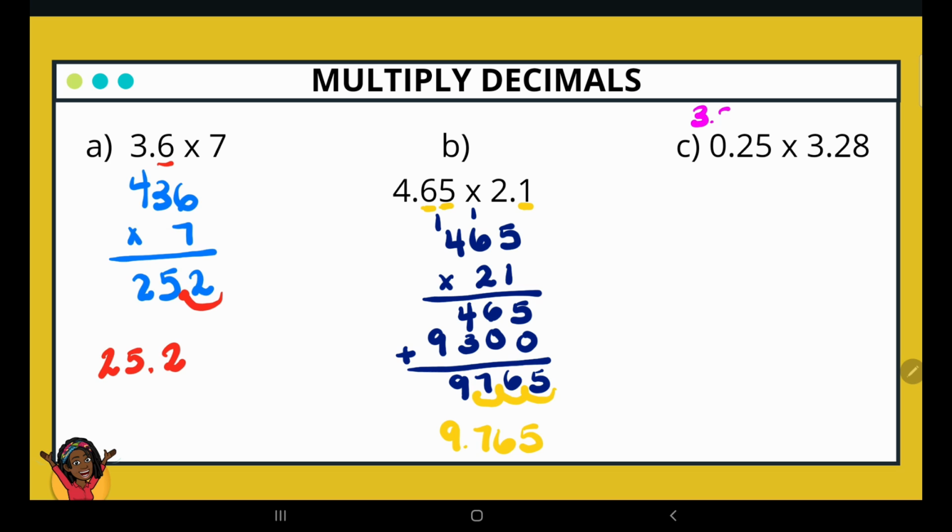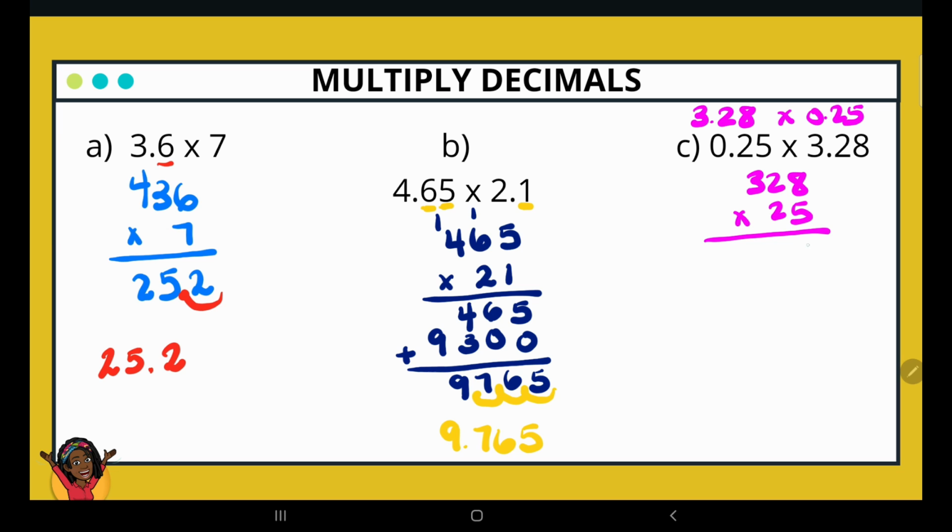So I'm going to put my 3.28 first, and then I'm going to multiply that by my 0.25. So now I'm going to rewrite these numbers without the decimal points. I'm going to write 328 times 25. I don't need to include that 0 in front of it because I'm just going to get an entire line of zeros.